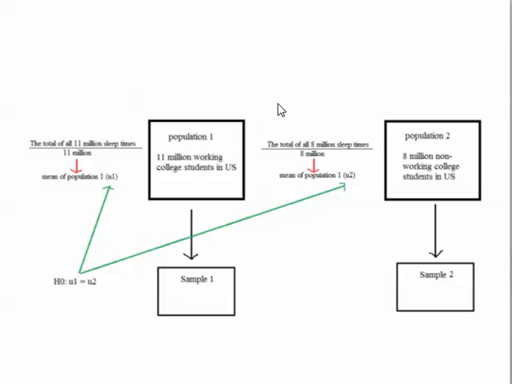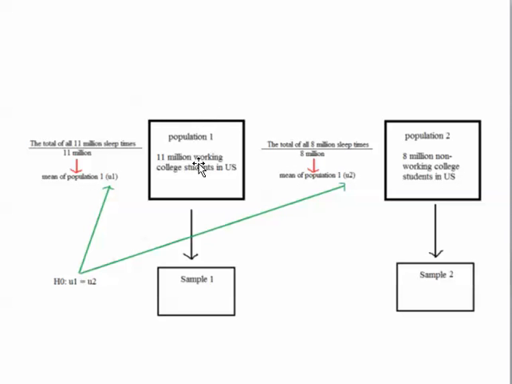Out of those 19 million, there's about 11 million working college students and about 8 million non-working college students. But these aren't exact numbers. These are just numbers that I think are roughly correct. These numbers might have changed since I looked them up online, but let's just pretend that these are the sizes of the two populations.